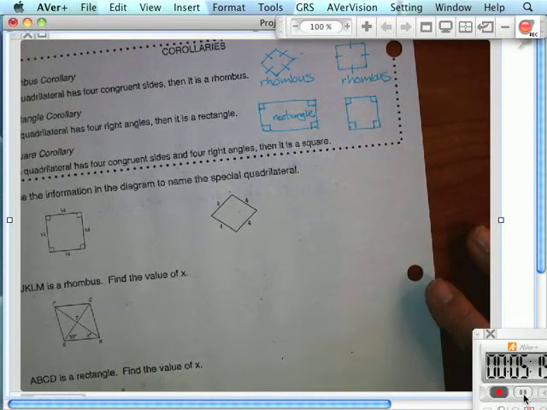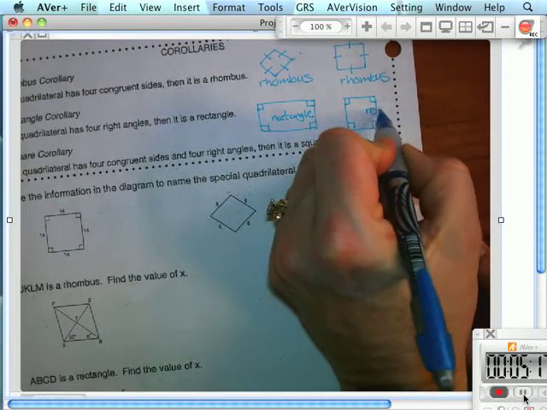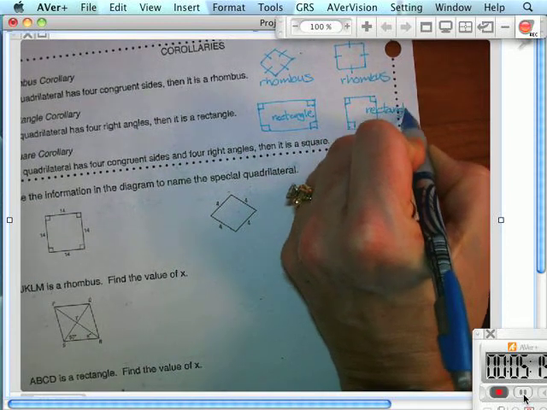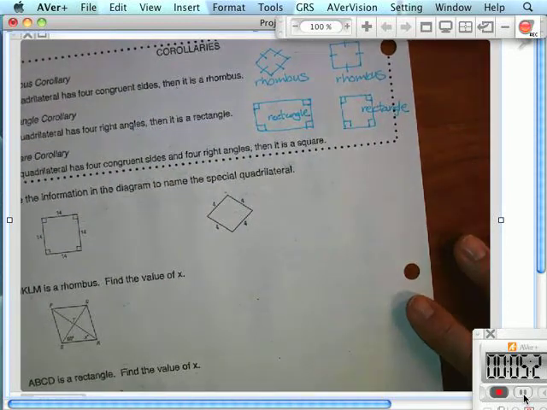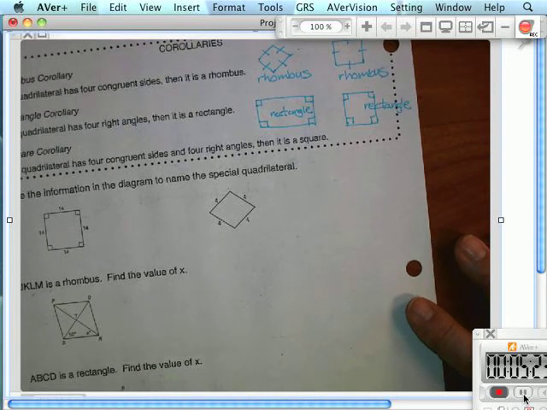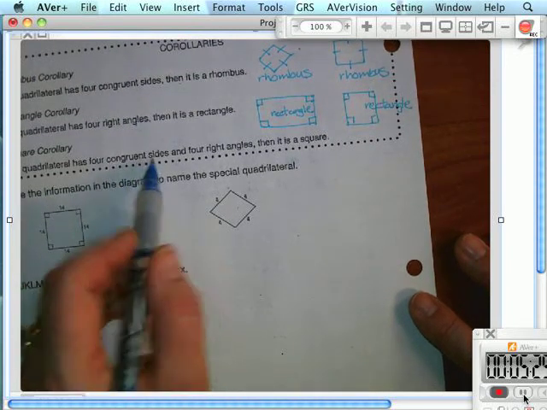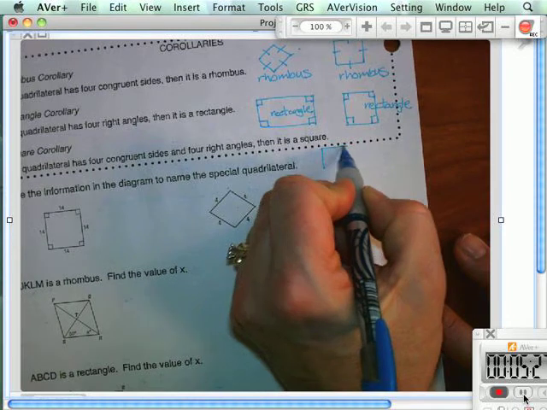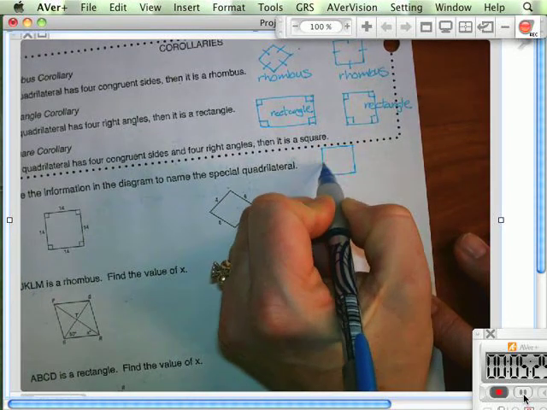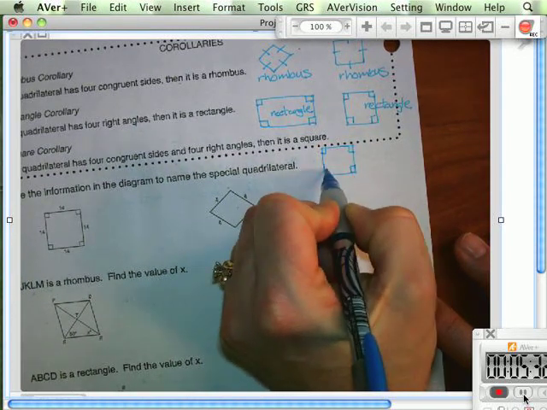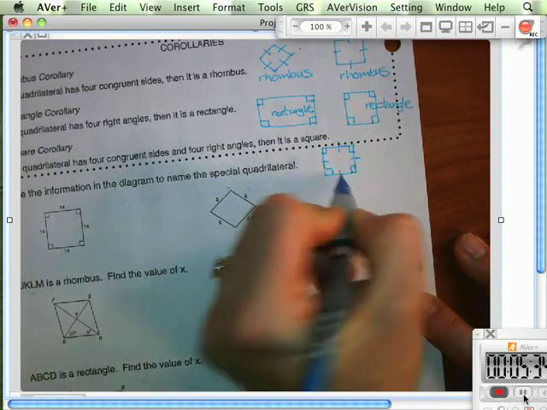Okay? So this we also have to call a rectangle. If a quadrilateral has 4 congruent sides and 4 right angles, then it is a square.